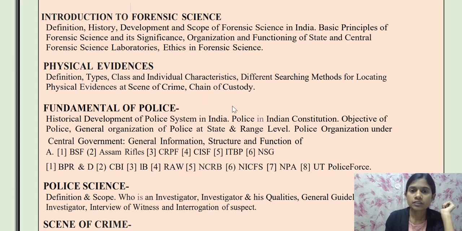At the scene of crime, if there are, for example, 10 evidences, we may not directly pick up the evidences randomly. We follow different searching methods to search for physical evidences at the crime scene. Whatever steps we take in crime scene processing, we maintain a format: investigator 1 entered the crime scene, did this work, and handed over that evidence to another person.